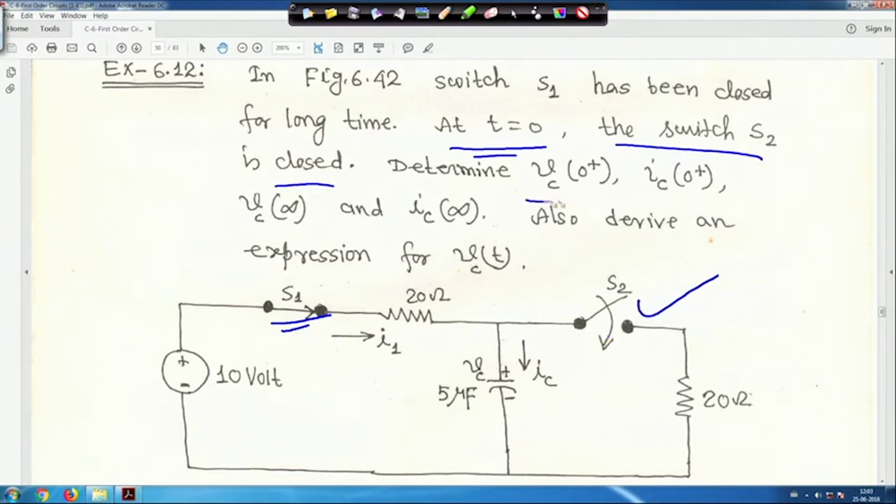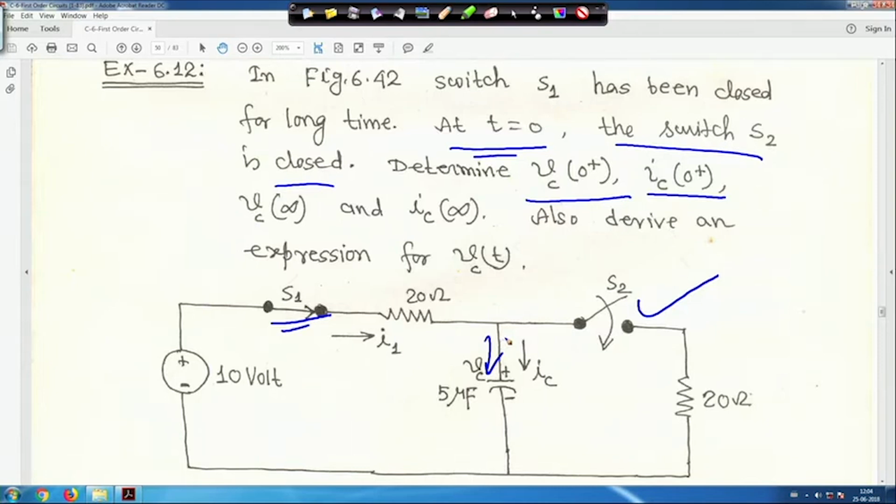You have to find out Vc(0+), Ic(0+), that is the voltage across the capacitor. Vc(0+) is nothing but Vc(0-), because at the time of switching the voltage across the capacitor cannot change instantaneously, right.